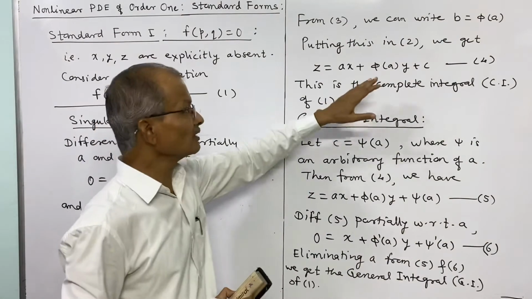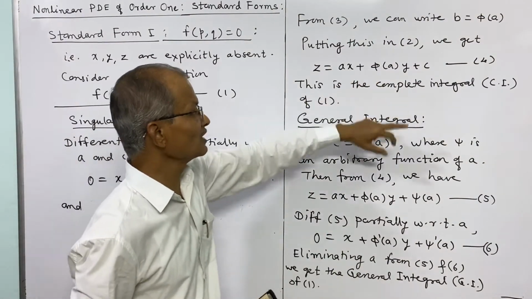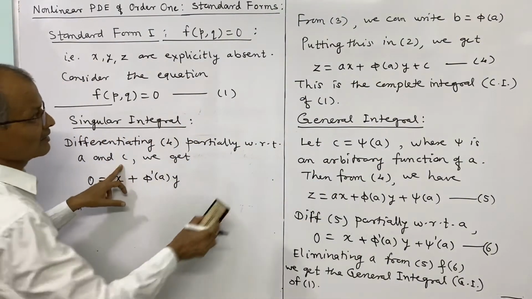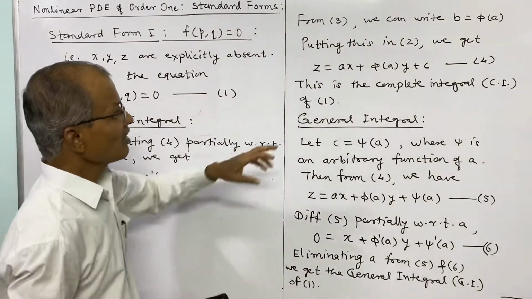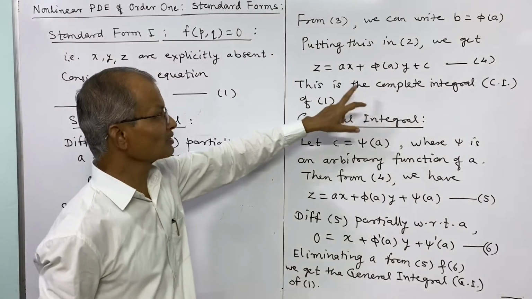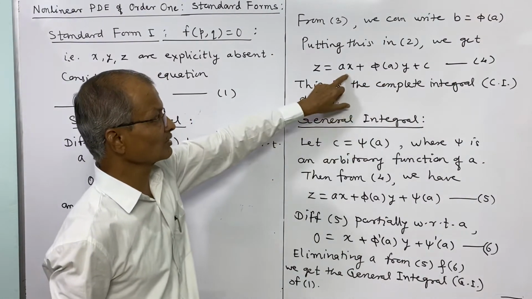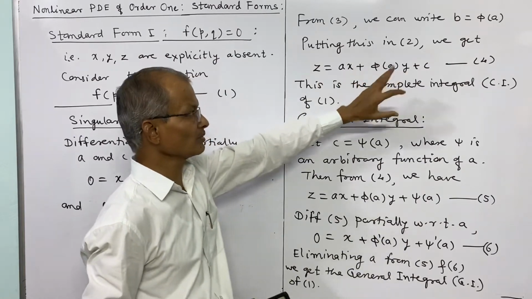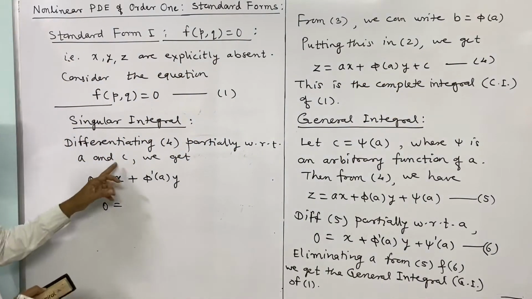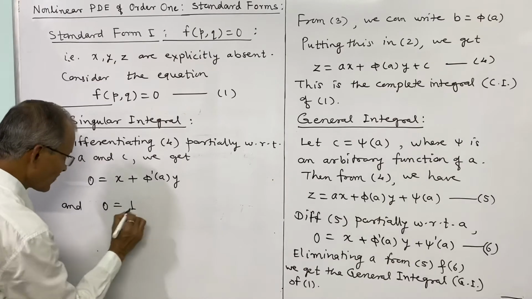And what about the next relation? The partial derivative of this fourth relation with respect to c, and that is again 0 on the left side. And what is the right side? We are differentiating partially with respect to c, all others are to be treated as constant. So this derivative is 0, the derivative of this term is 0, the derivative of this term is 0, and the derivative of c with respect to c is 1. So that is 1.